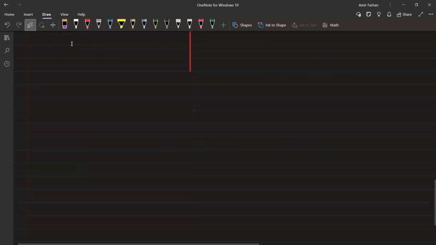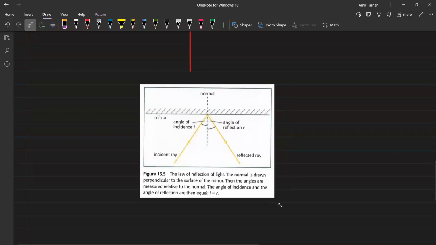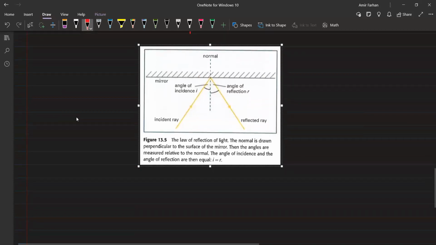Let's analyze this picture. So this figure is basically saying that suppose this incident ray is incident here, and it will reflect back.